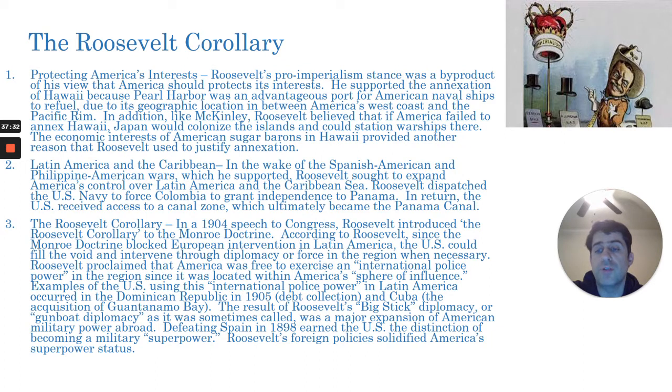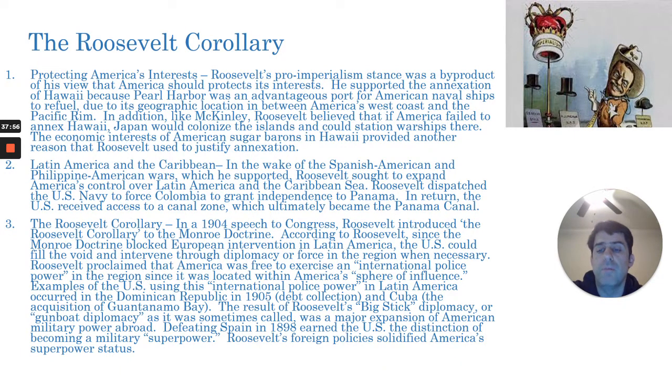Other folks referred to it as gunboat diplomacy. But whatever you called it, whether it was big stick diplomacy or gunboat diplomacy, and some people called it dollar diplomacy, whichever term you prefer, the end result is that it was a major expansion of American military power abroad.